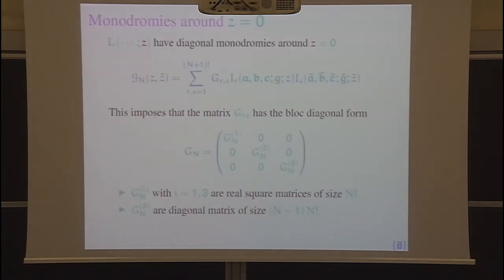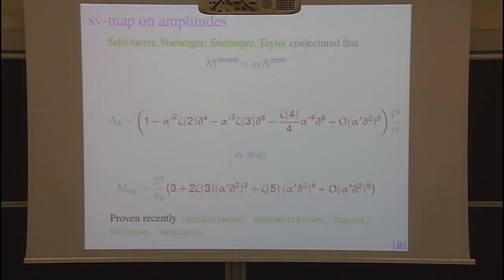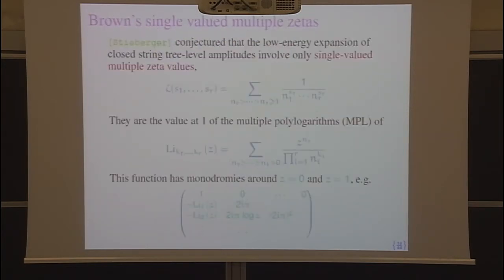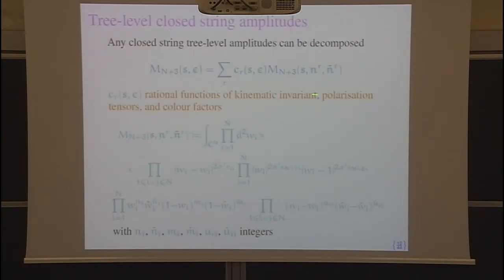Actually, I'm not totally finished with the physical amplitude. What I have told you is that the alpha prime expansion of these building blocks has only single-valued multiple zetas. Now you have to do the expansion in alpha prime, because there's an alpha prime in the kinematical coefficient. It could be that this coefficient screws up everything. For example, it could be that the kinematical coefficient contains log 2 or whatever.